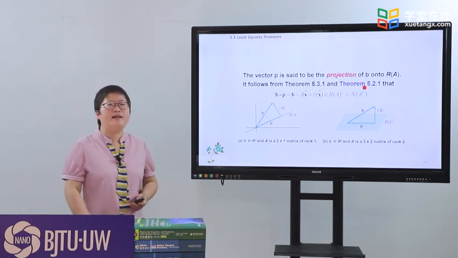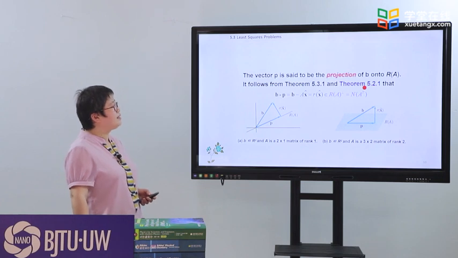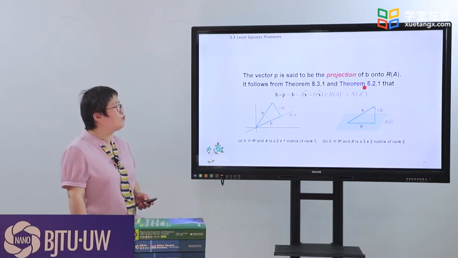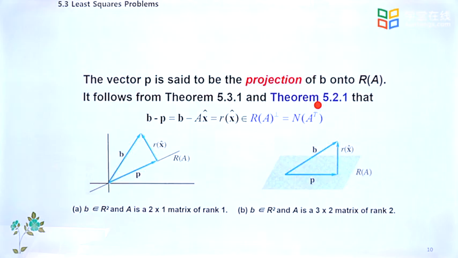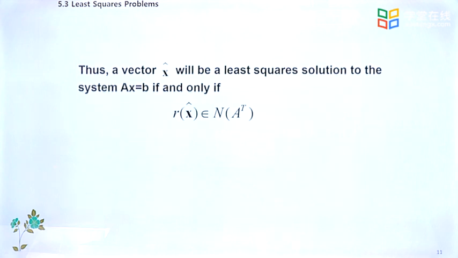From this result, you want to know how to compute P, how to get this projection vector. A vector x hat is a least squares solution to the system Ax equals B if and only if r(x hat) belongs to the null space of A transpose.